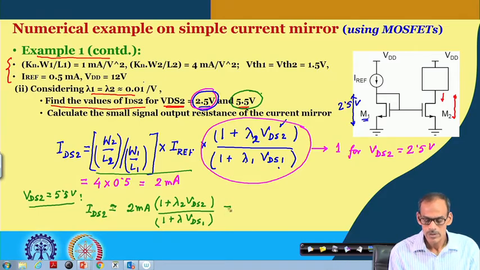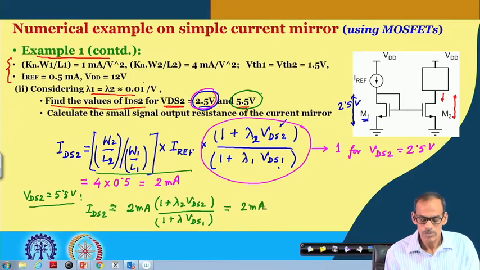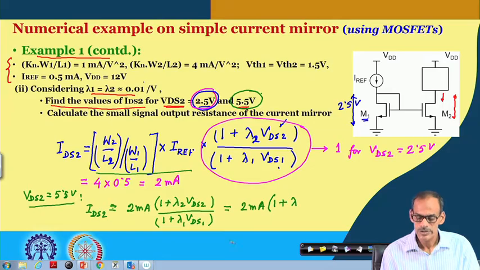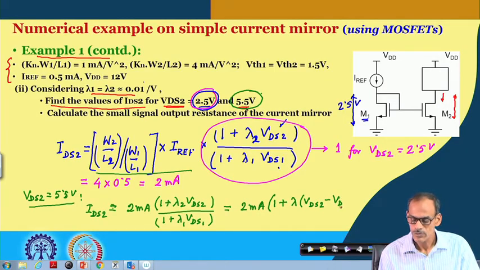In fact, this part you can approximate by bringing this denominator factor into the numerator, and then if we ignore the lambda square term, and since both the lambdas are equal, we can say that this is 1 plus lambda into VDS of transistor 2 minus VDS of transistor 1.